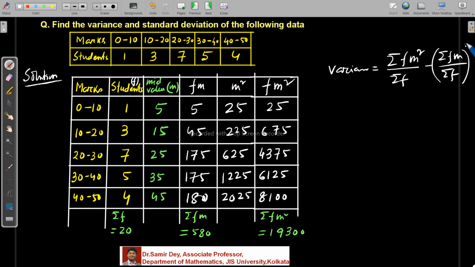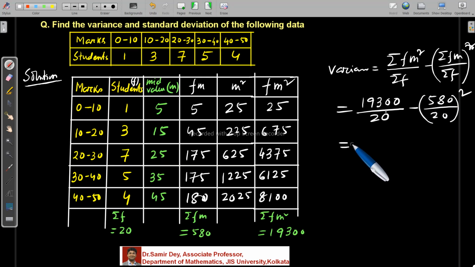So ultimately, summation fm square, 19300 divided by 20, minus 580 by 20 whole square.